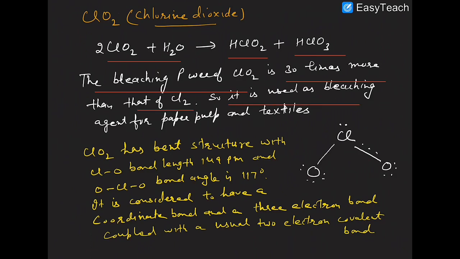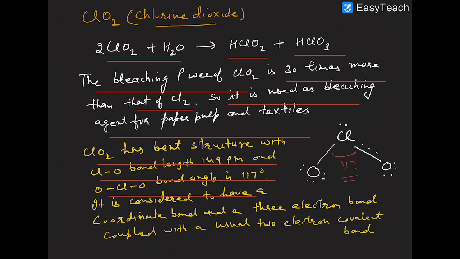So it is used as a bleaching agent for paper, pulp and textile. We already discussed that. ClO2 has a bent structure with ClO bond length 149 picometer and OClO bond angle 117. So this angle is 117.